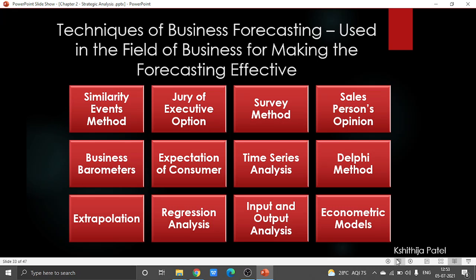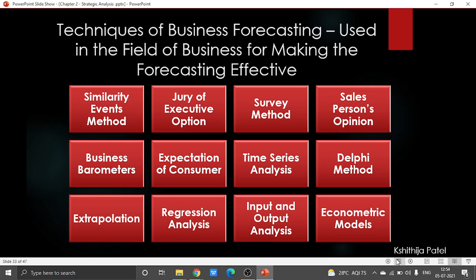Quite a few times it can also find out the impact of an advertisement the organization has attempted because it had to market its product. So the impact of advertisement on buying behavior is one of the things which can be known by the expectation of consumer method of business forecasting.